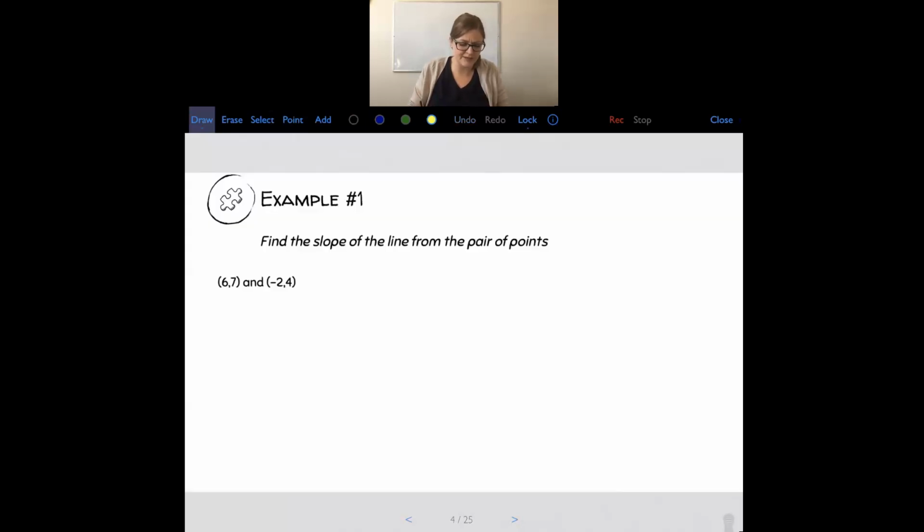Okay, so let's go through an example. Find the slope of the line from the pair of points. We have (6, 7) and (-2, 4). One thing I want to mention is it's really important that your ordered pairs have parentheses around them. If there's no parentheses, then it's not an ordered pair. Using our formula, I'm going to label this as (x1, y1) and (x2, y2). For this first one, I'll calculate both ways so you can see either way to use the formula.